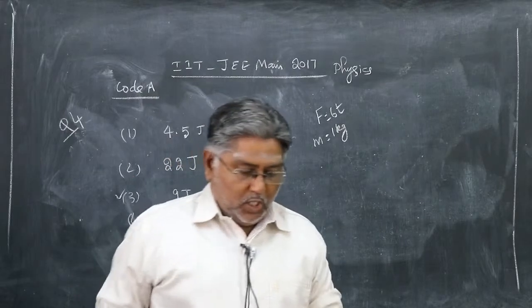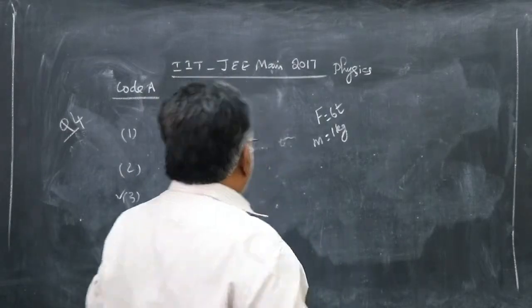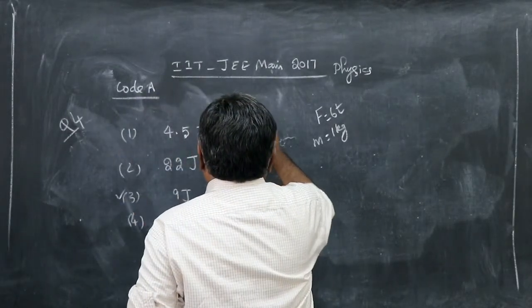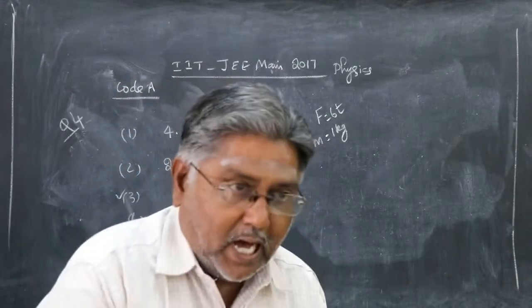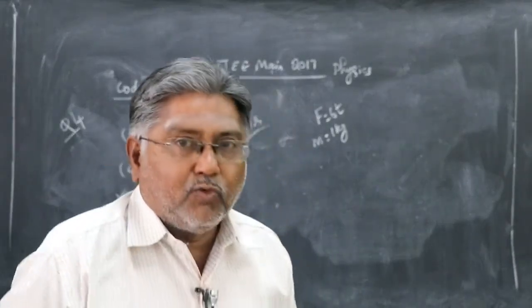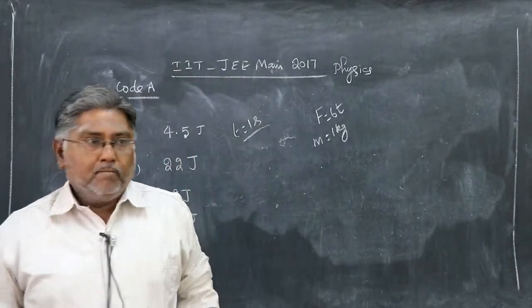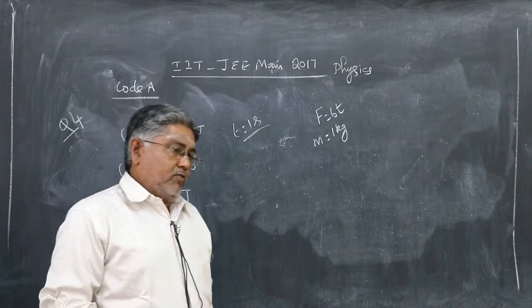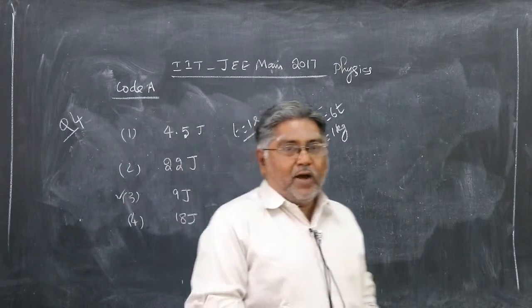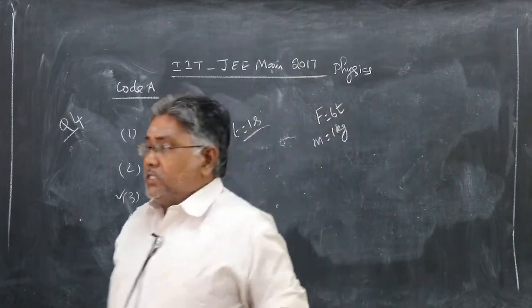Okay? So time t is 1 second. Work done is asked. So you can use work energy theorem, and you can find out the work done. What is that? Find increase in kinetic energy.